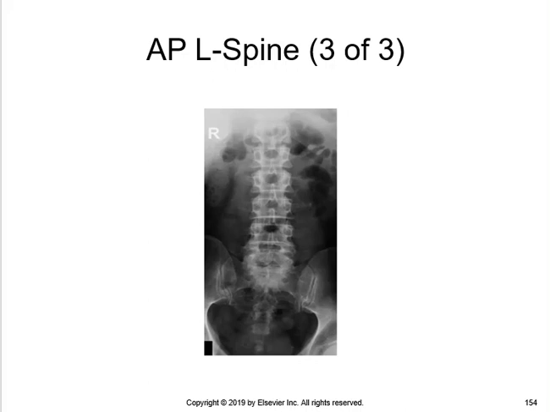We shoot them PA, and we kind of have the same thing going on here, only in reverse. So to see those disc spaces better, we would be better off shooting PA L spines. But we shoot AP L spines. We bend the knees in order to not have too much of that occlusion or closure of those disc spaces.